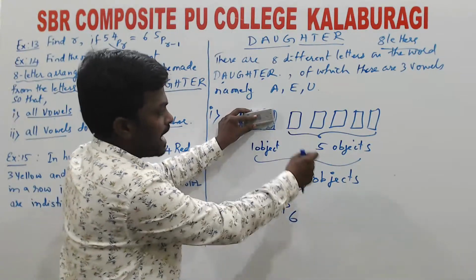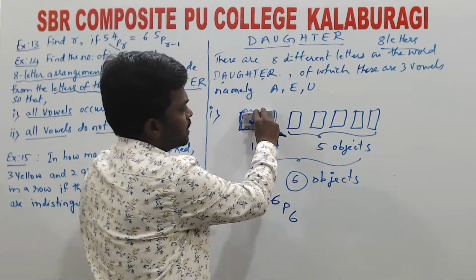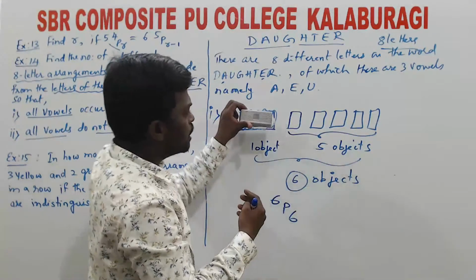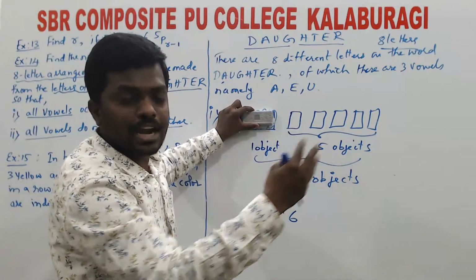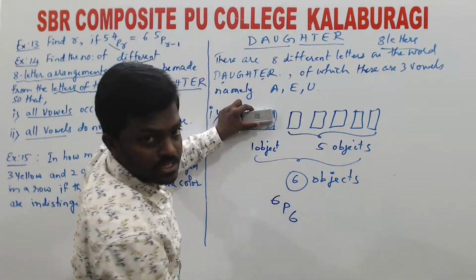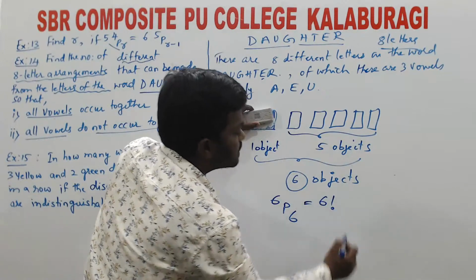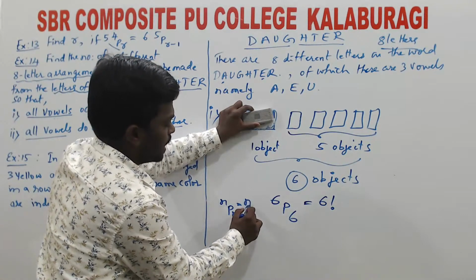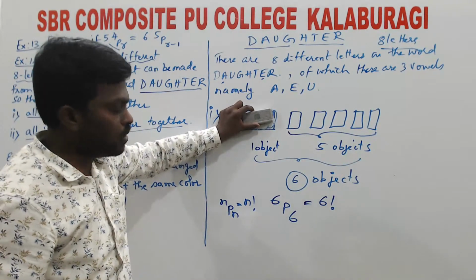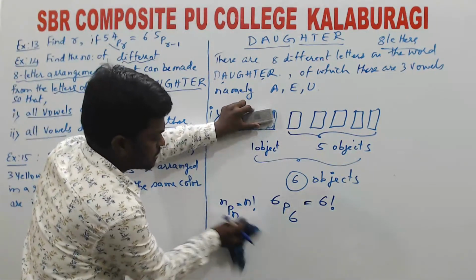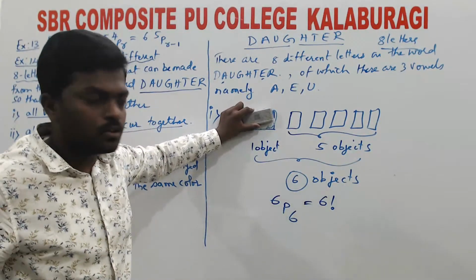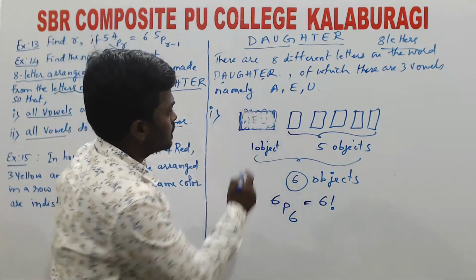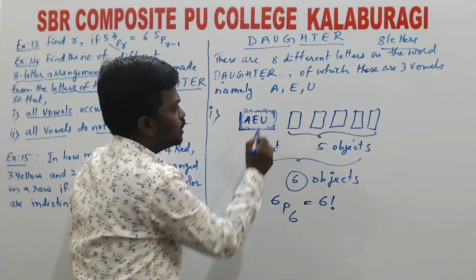You can shift this here, again there will be five. How many ways can you arrange these six boxes? This is nothing but 6 factorial. Is that clear? nPn formula, I've written it directly. nPn is equal to n factorial. We have discussed it in the special cases. Now this is over. But in this box, we have A, U, E also.